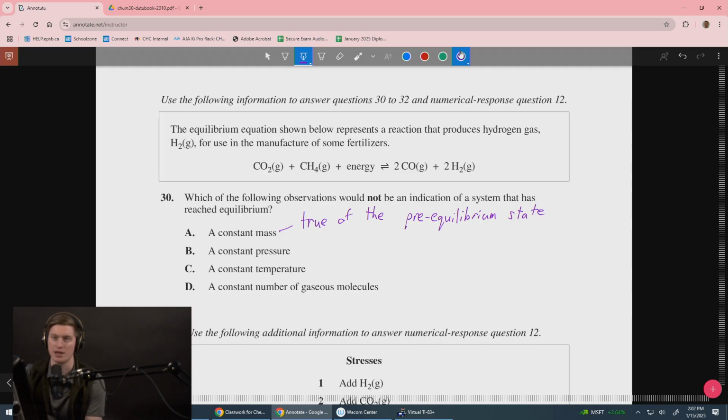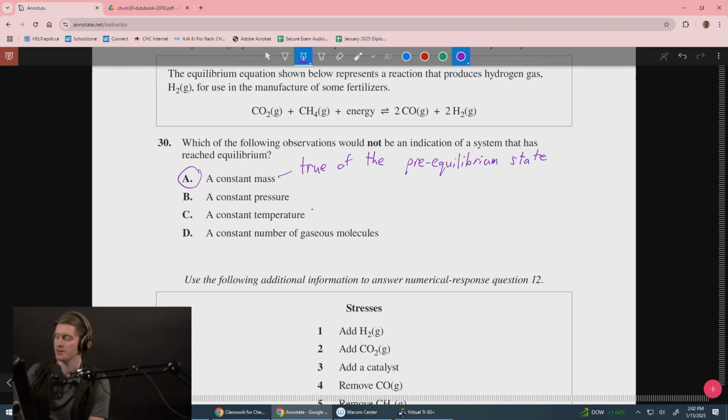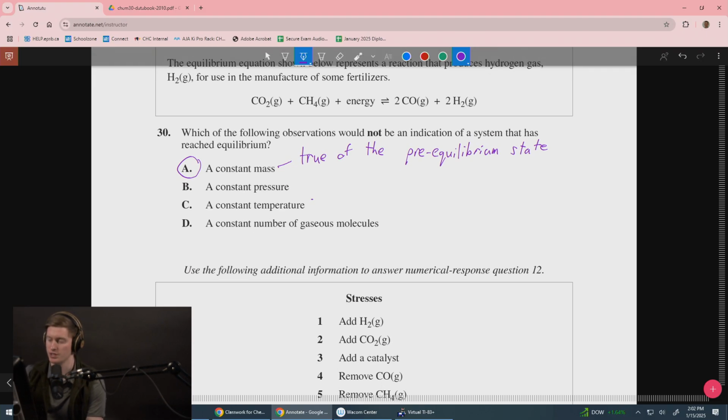It never changed. So this would not be a good indicator that the system reached equilibrium. If you saw that the pressure leveled out, the temperature leveled out, then if it's in a fixed volume using the ideal gas law, you can assume that you have a constant number of gaseous molecules. All of those would be good indicators of a system at equilibrium, but the mass would be the same in the true pre-equilibrium state. So A is not a good indicator of the system reaching equilibrium.